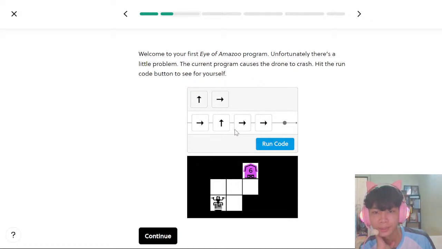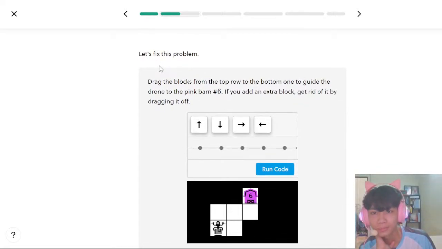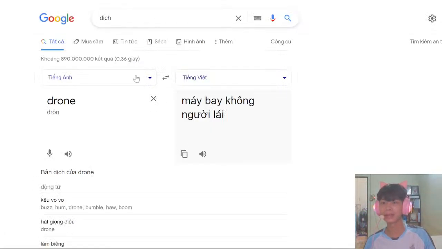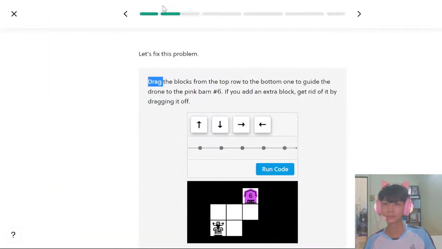So we have a little problem here with our code. Let's fix this problem. Drag the blocks from the top row to the bottom one to guide the drone to the barn.